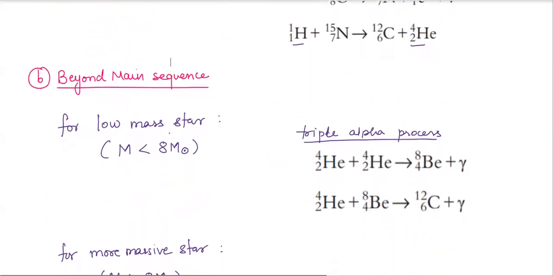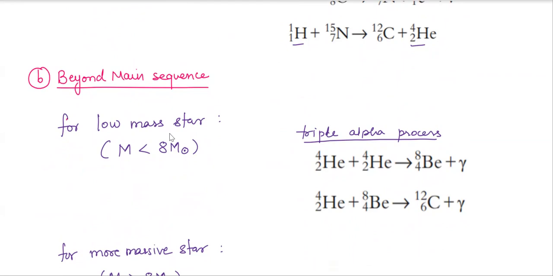So for a low mass star, the remaining helium that is formed by the fusing of hydrogen starts fusing with itself and creates beryllium. Beryllium then reacts with helium again to produce carbon.